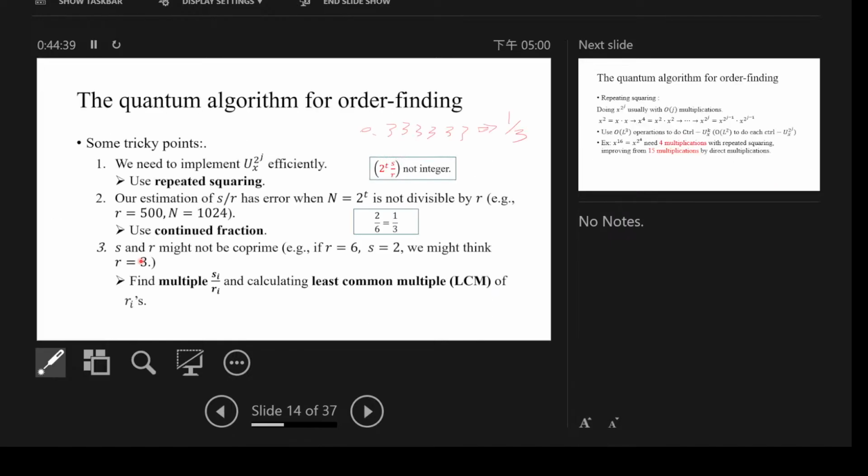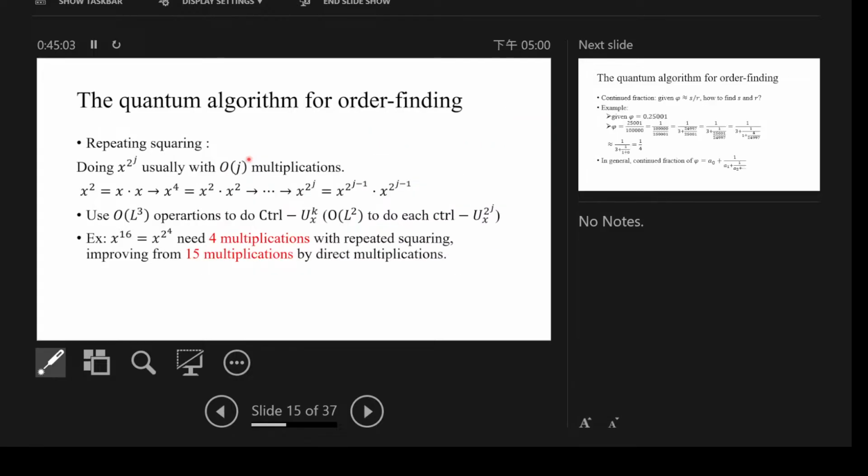It is that we can do this oracle of U to the 2 to the j very efficiently by doing repeated squaring. So if you want to multiply x by itself 2 to the j times, you don't actually multiply x that many times. You can keep squaring x. Let's see this repeated squaring working.